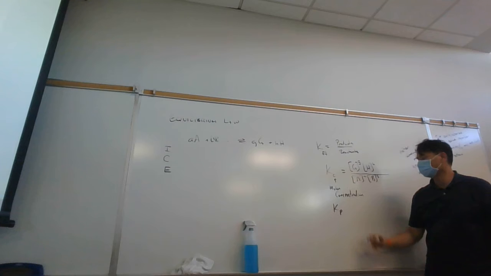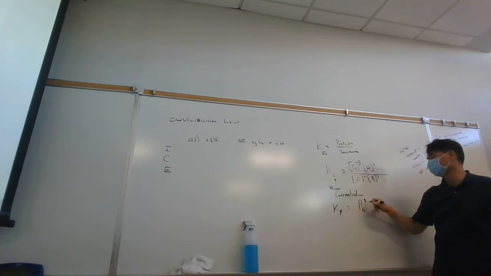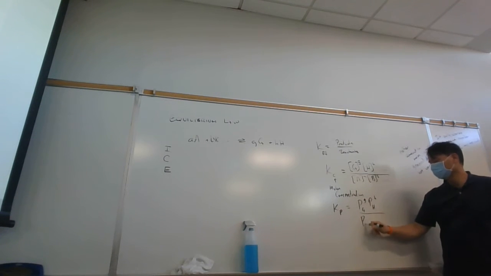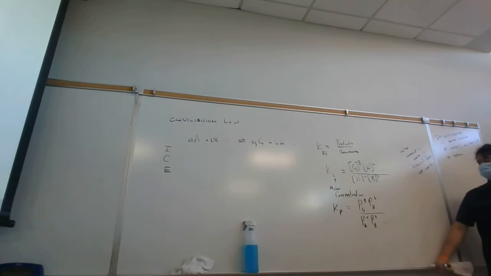And so we have something called Kp. Kp is the partial pressure of G raised to little g, partial pressure of H raised to little h, dot, dot, dot, over the partial pressure of A raised to little a, partial pressure of B raised to little b, dot, dot, dot. So it could be in terms of that for gases.